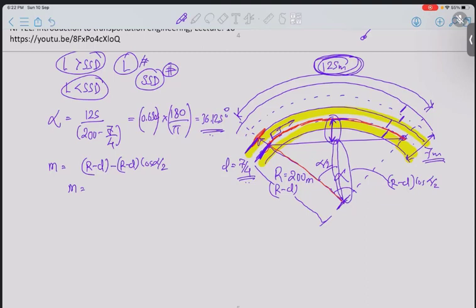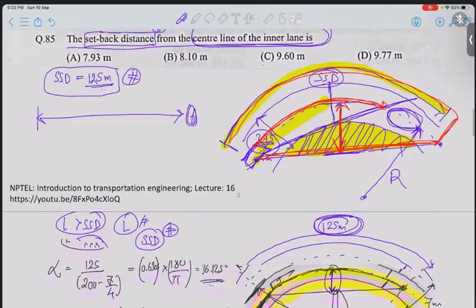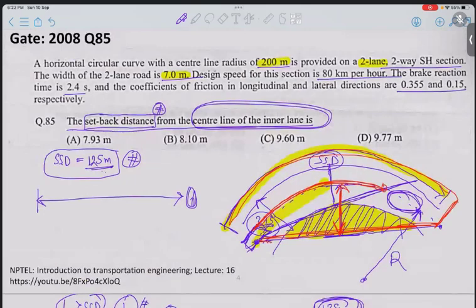So I have calculated and the answer comes out to be 9.769, equal to 9.77 meters. Maybe this can be a little bit confusing. We just call this the setback distance, in meters. So the answer here is 9.77 meters.